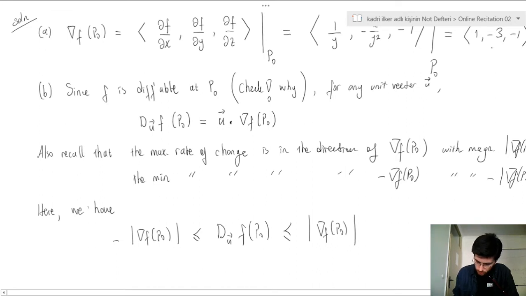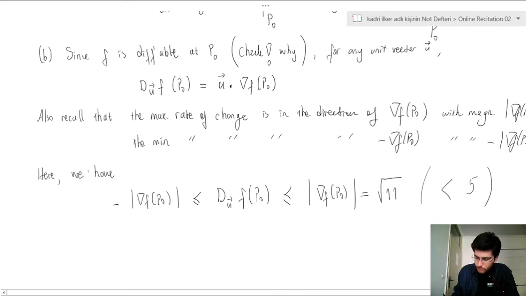Just look at the norm of this vector. This is just the square root of 11, and this is already less than 5. Therefore, there cannot be any vector so that the directional derivative attains the value 5 at the point p0.